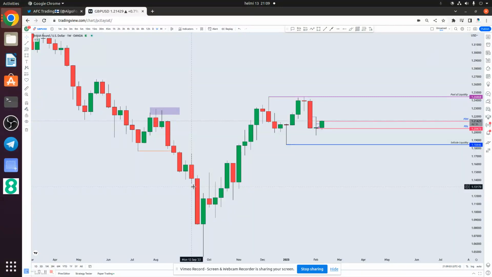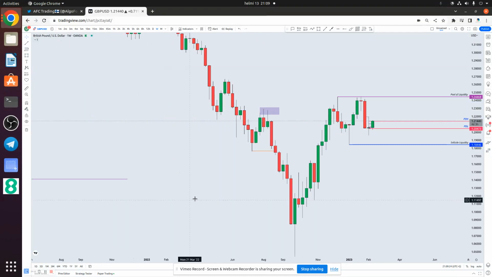Whatever pattern you see repeating itself on the higher time frame, you can use it to your advantage on the lower time frame. So if we use mitigation blocks on the lower time frame, use the same thing on the higher time frame.